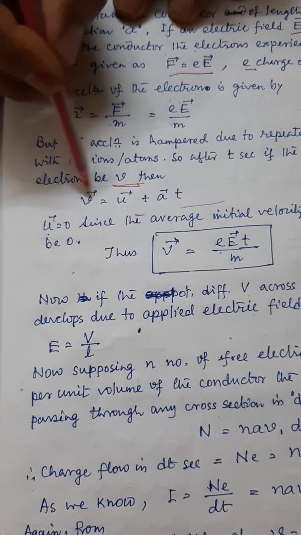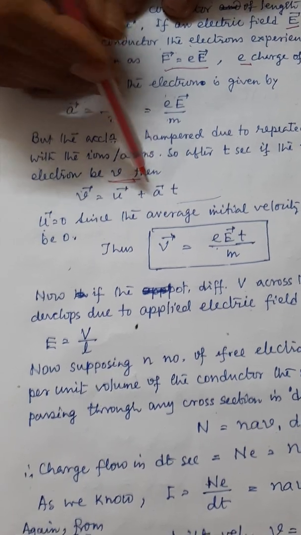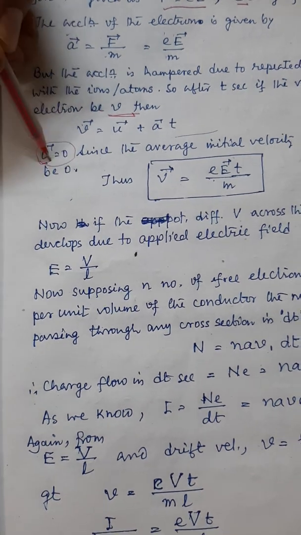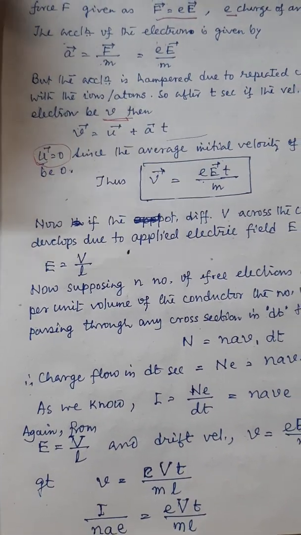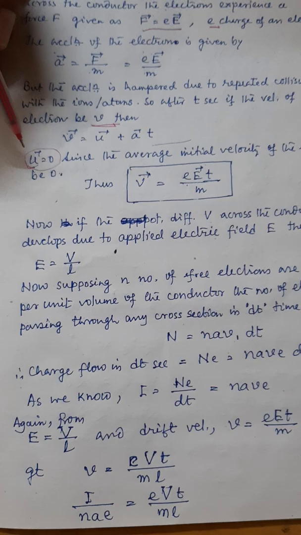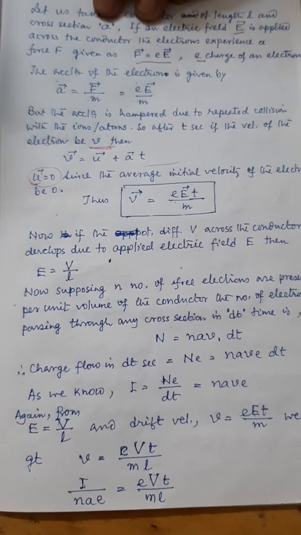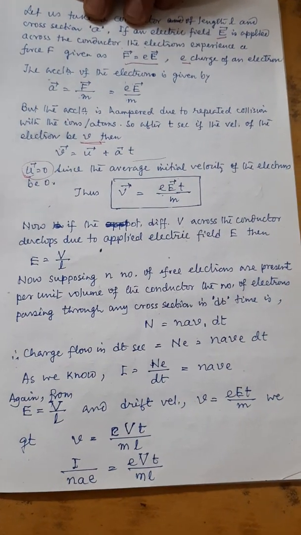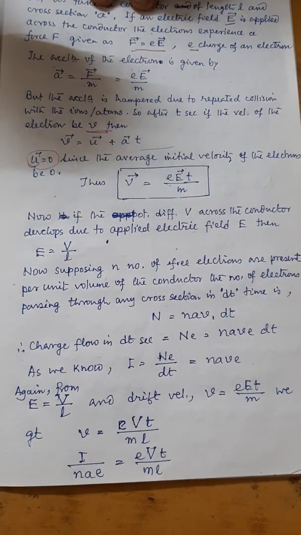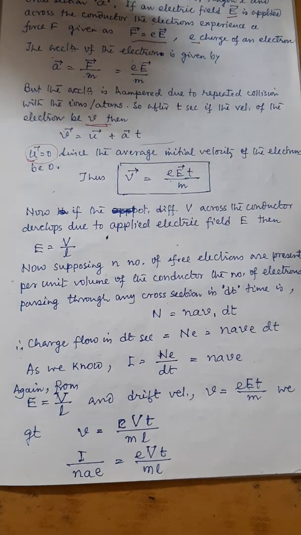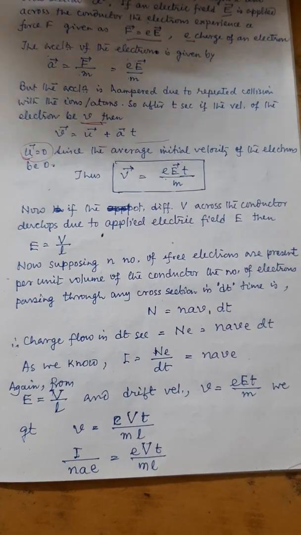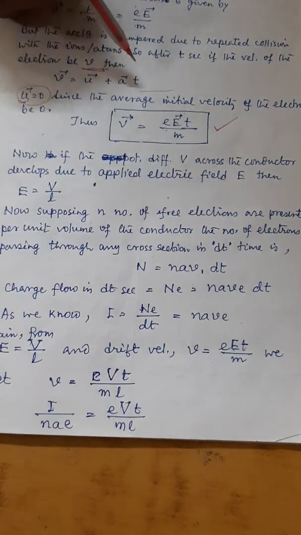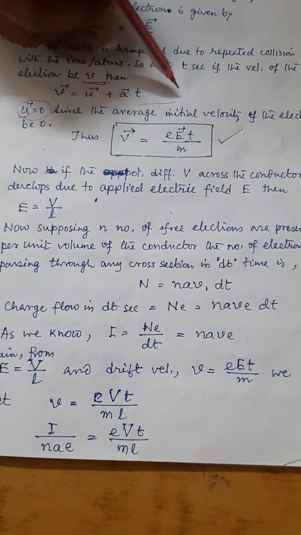From v equal to u plus at, we get v equal to eEt by m, since u is 0. That means the net or average velocity of the electrons becomes zero, because the total number of electrons passing through a particular cross section from left to right is equal to the number passing from right to left. So the expression of the drift velocity is v equal to eEt by m.